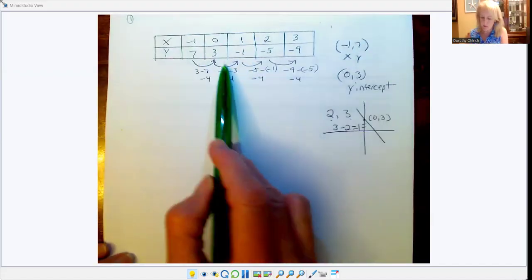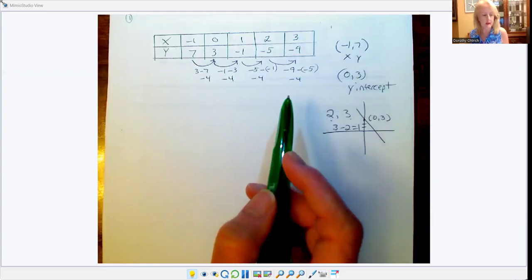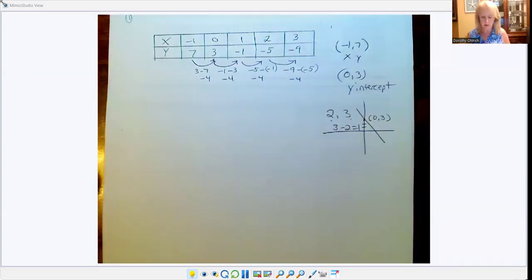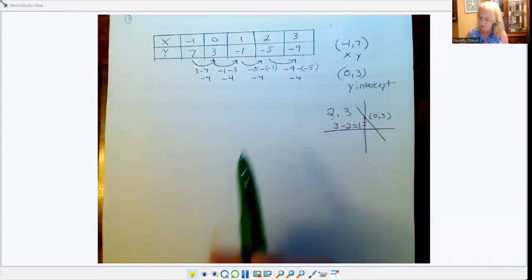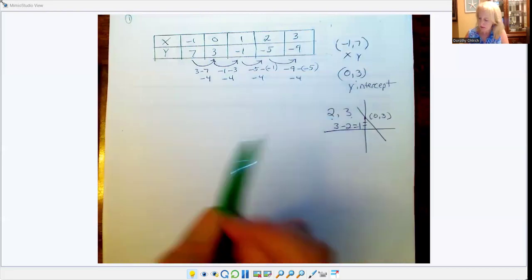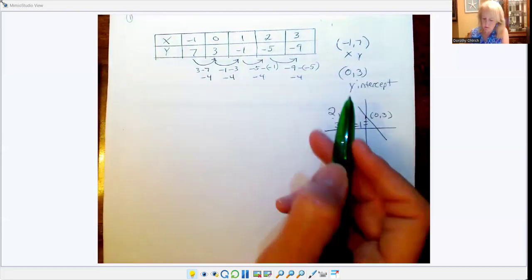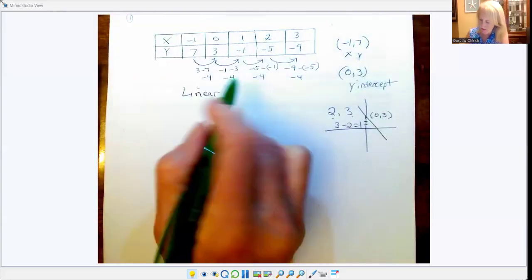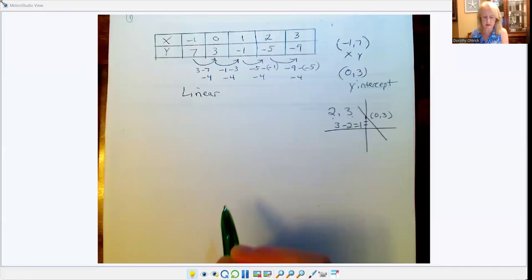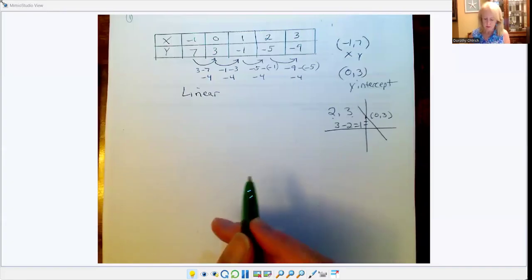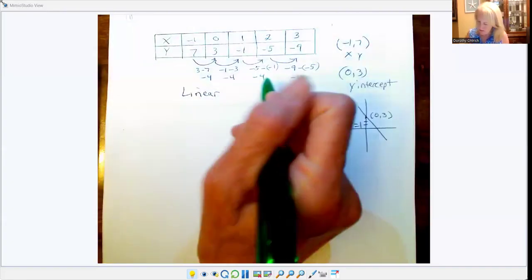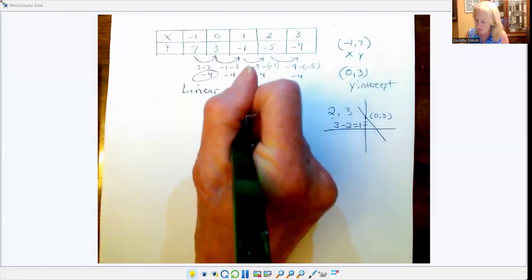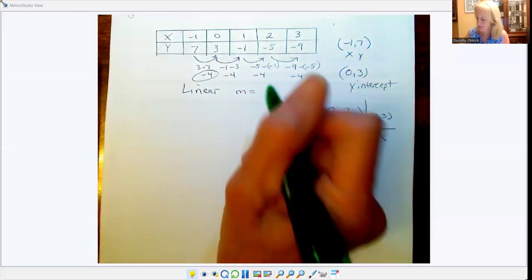This is the first set of differences, and we already got a pattern. So this is a linear. It's the exact same number, so it's a linear equation because it happened at the very first set of differences.